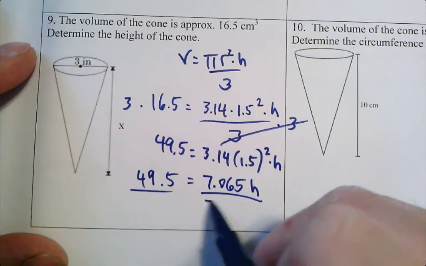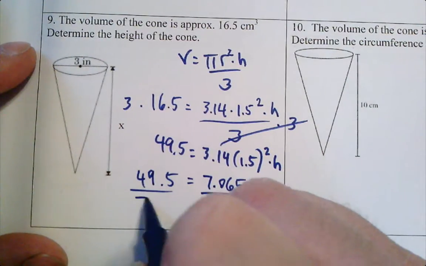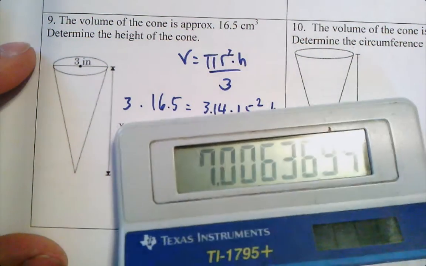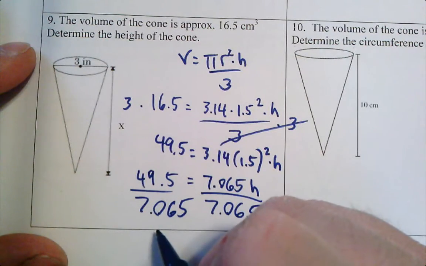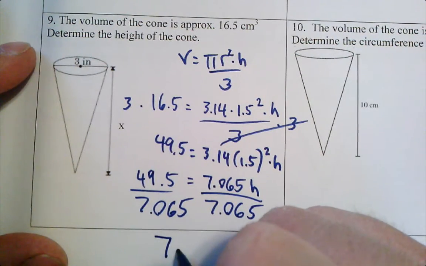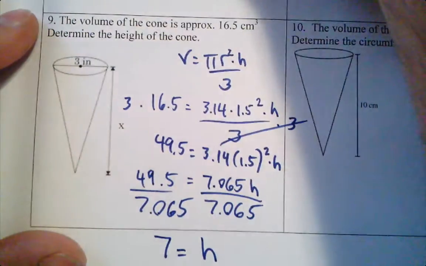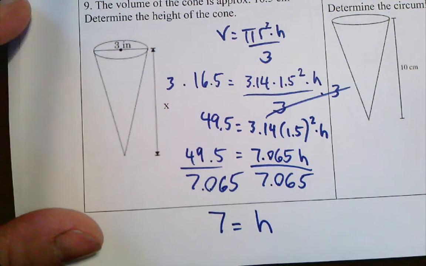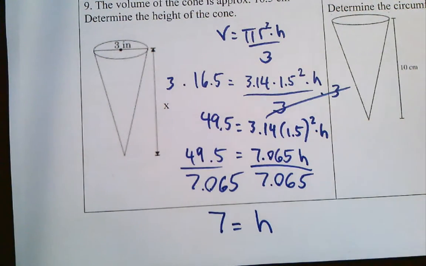Divide each side by 7.065. Yeah, this one, again, basically that's 7. So I get 7 equals height. So again, these numbers have a whole bunch of decimals, but in the end, it does come out to a height of 7. So I hope this helps you get started with the rest of these questions.